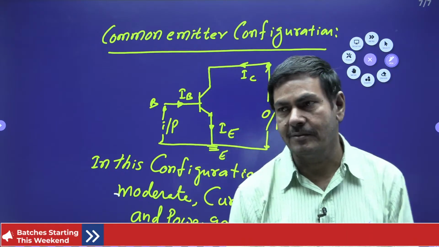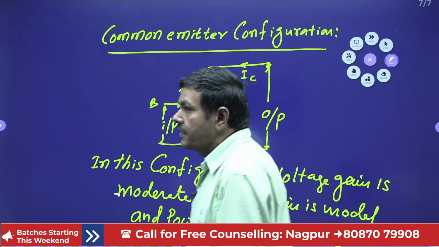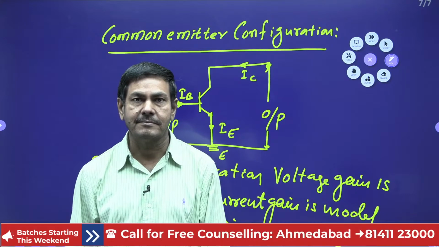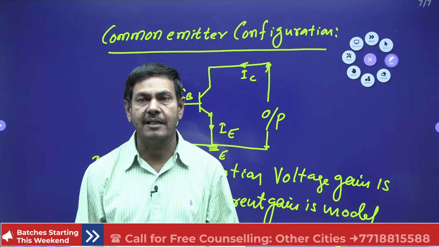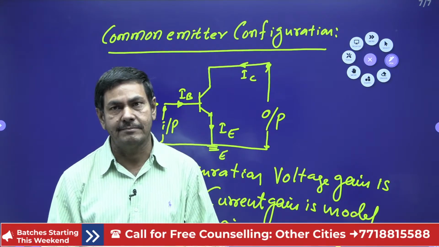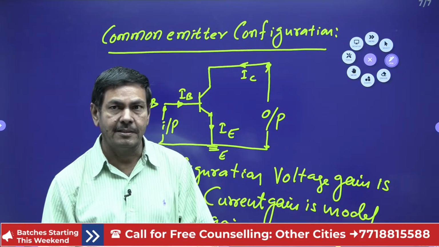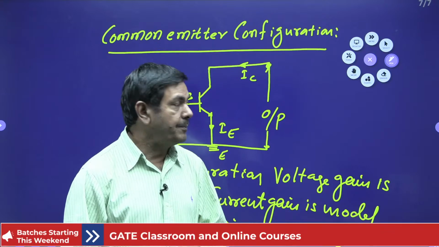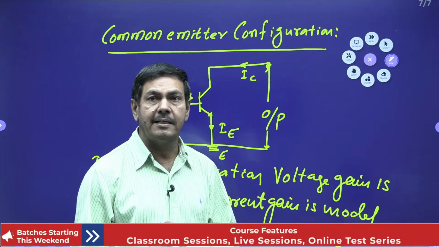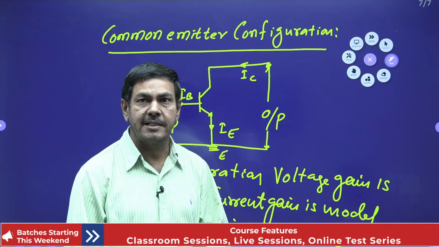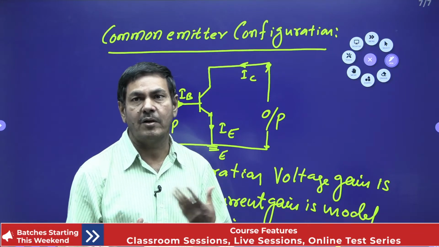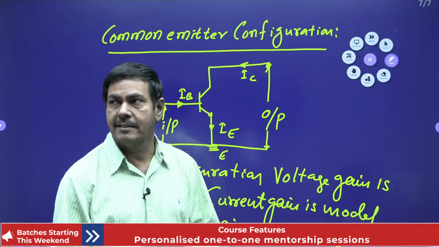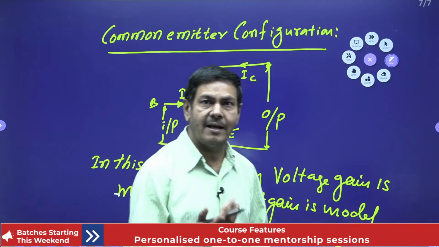Understand my point. And in this configuration, we need to know what the current amplification factor is, and how we can find it in this particular configuration. Also one more very important point: is the input impedance maintained in the common emitter configuration lower, higher, or moderate? Is the output resistance or impedance maintained lower, higher, or moderate?